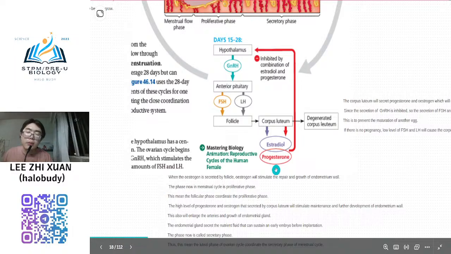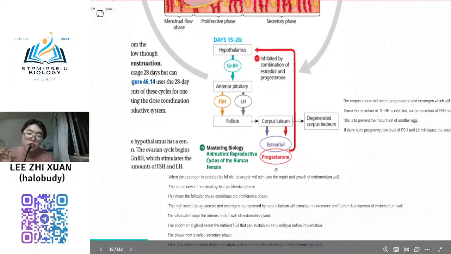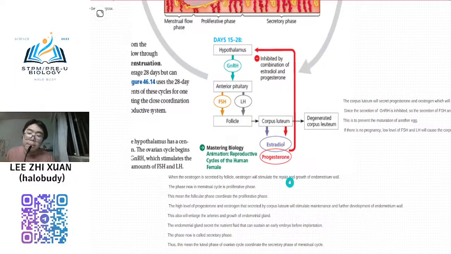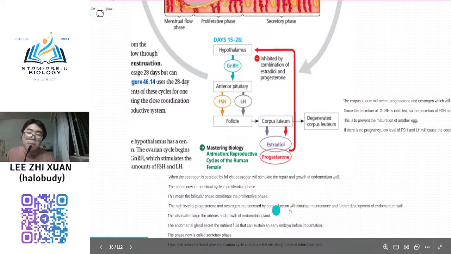So estrogen's main function is to repair and grow the endometrium wall, but progesterone's main function is to maintain and further develop the endometrium wall. So actually both, but progesterone plays the major function. Okay, this will also enlarge the uterus and the growth of the endometrial glands.